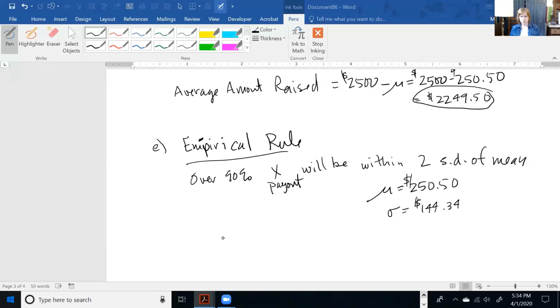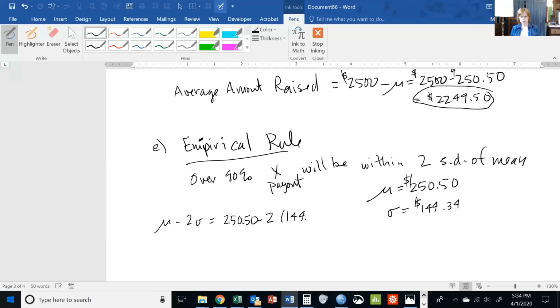So what's the probability that we're within 2 standard deviations of the mean? If I calculate mu minus 2 sigma, I have $250.50 minus 2 times $144.34, and that's going to be negative.